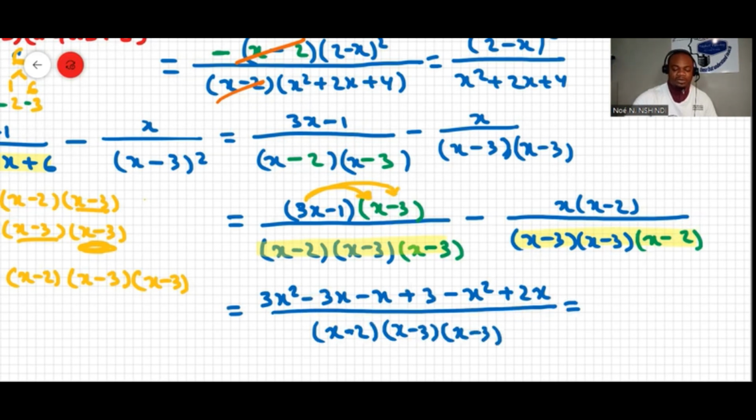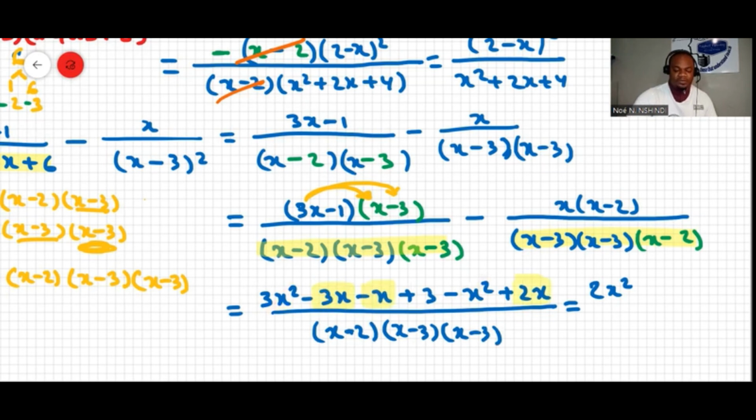Now, like terms, we can combine them. We can combine 3x squared with -x squared. That makes 2x squared. And then we can also take -3x, -x, +2x.